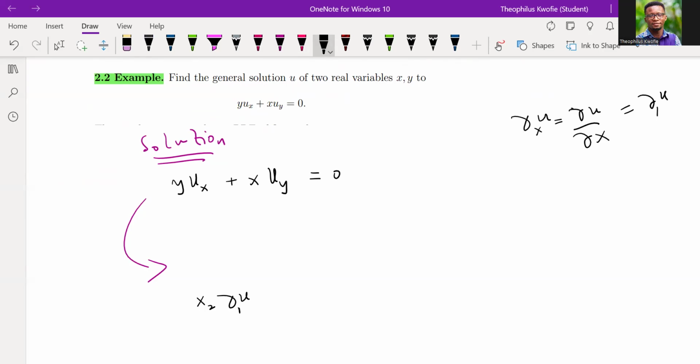Very good. And this becomes what? Your x now becomes your x1. And then the partial of u with respect to y becomes the partial of u2, equal to 0. So over here, my x now becomes my x1, x2.